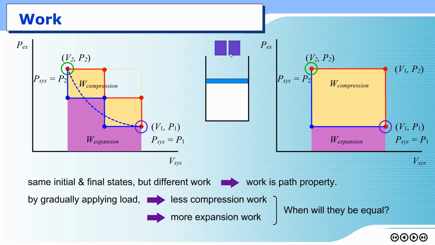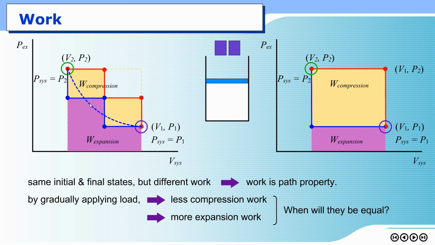So if you, let's say, divide this 100 kilogram mass into 1,000 or 10,000 pieces, imagine you put sand on top of this piston, one grain at a time. When you put one grain of sand in there, you wait until the system reaches equilibrium, and then you can put another grain. You keep doing that. The process would be very slow, but the expansion work would be much higher than putting two pieces, right? So when you draw the function, you get what seems to be a curved line like this.